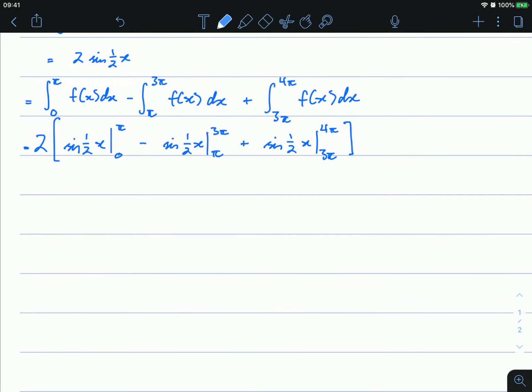Substituting all these values, being very careful not to mix them up, here we go.